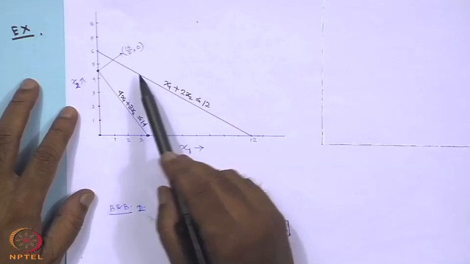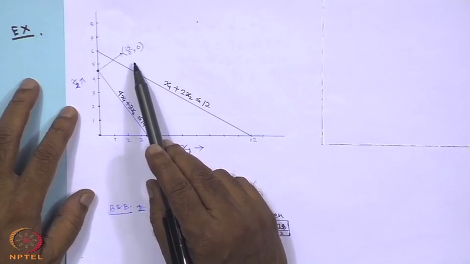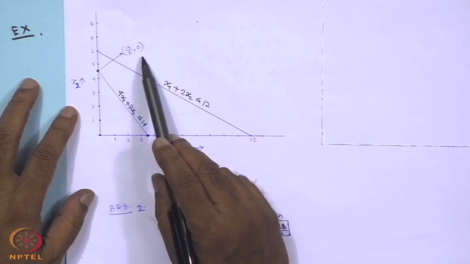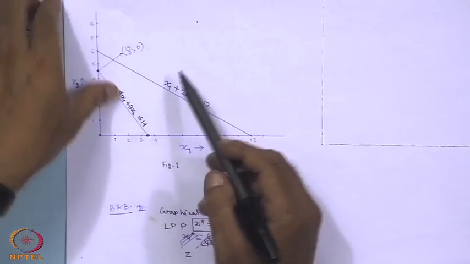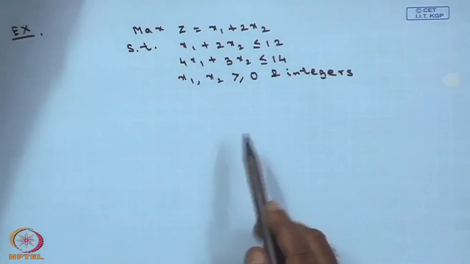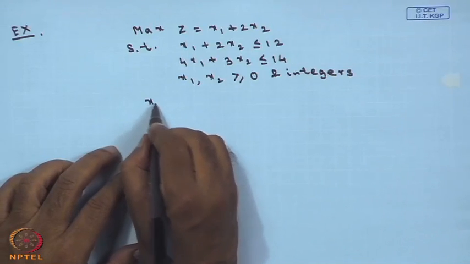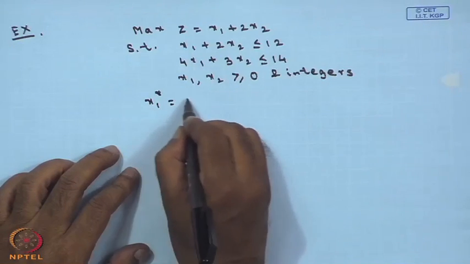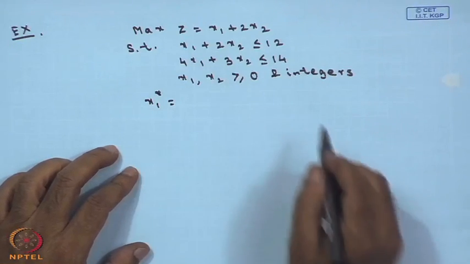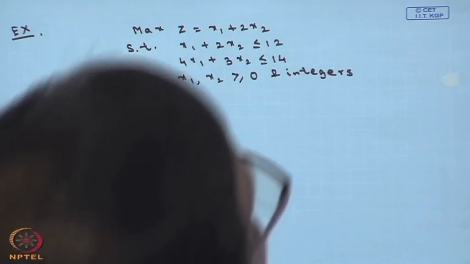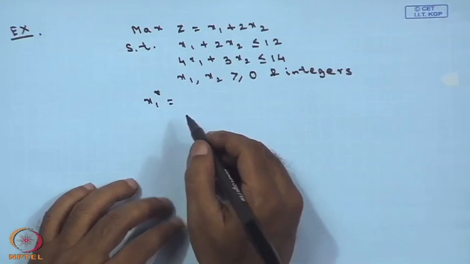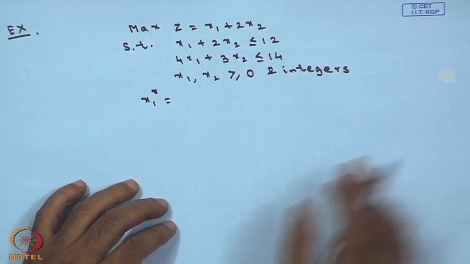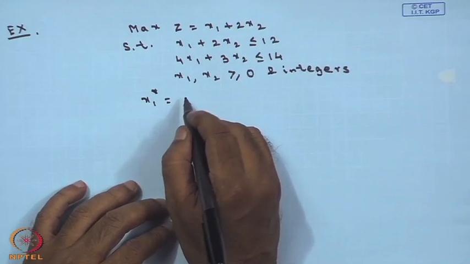So, the solution of this is x 1 star equals 14 by 3, x 2 star equals 0.